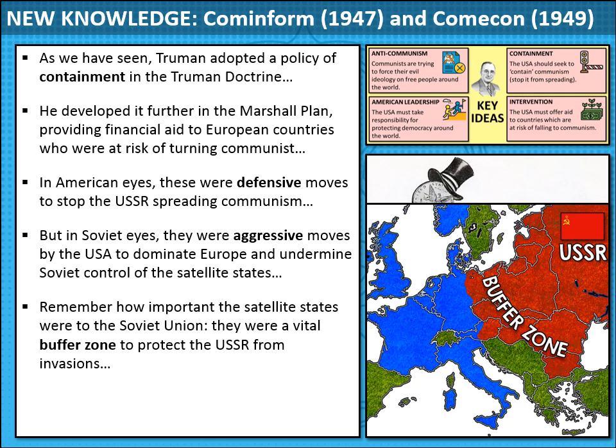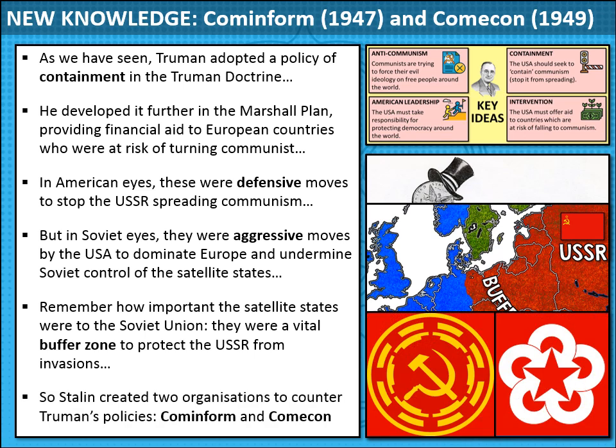So any move by the USA which undermined Soviet control of those satellite states was seen as a threat. And so Stalin reacted by creating two organizations to counter Truman's policies. They were called Cominform and Comecon, and we'll look at both of them.